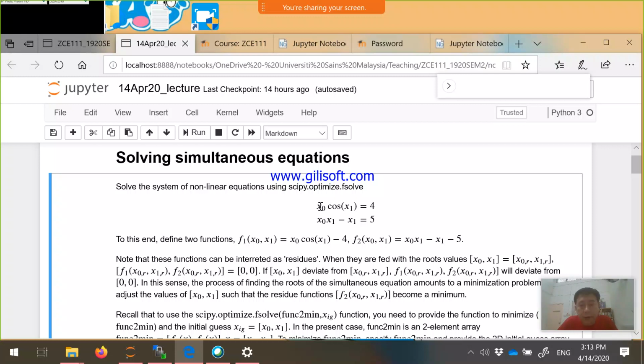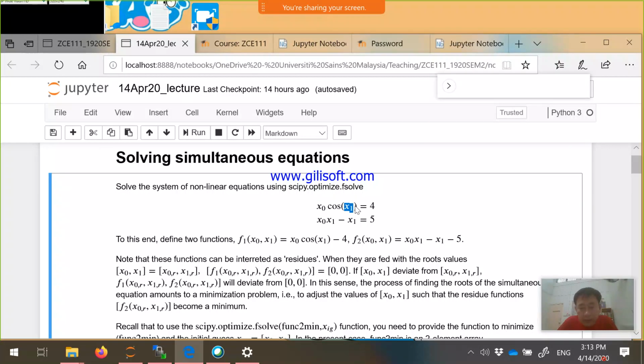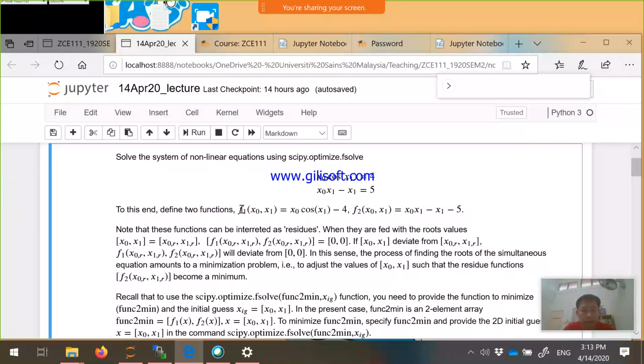When you can find the values of x0 and x1 where the error is 0, that means you have solved the problem. Now to make my explanation more specific, let us try to form equations, say f1 and also f2. So you can form f1, a function of two variables, x0 and x1.